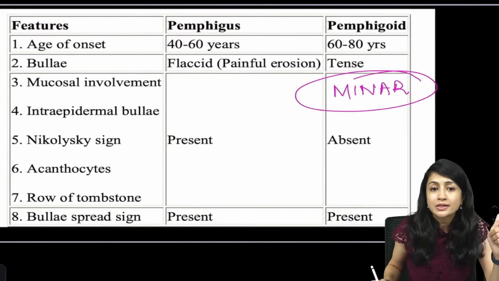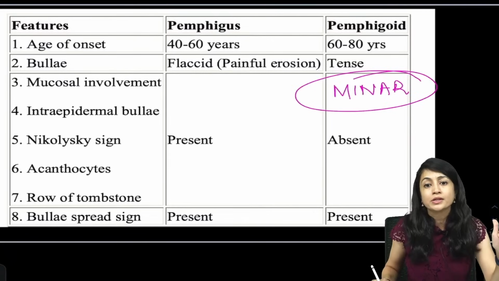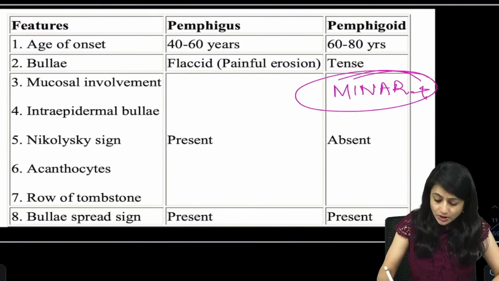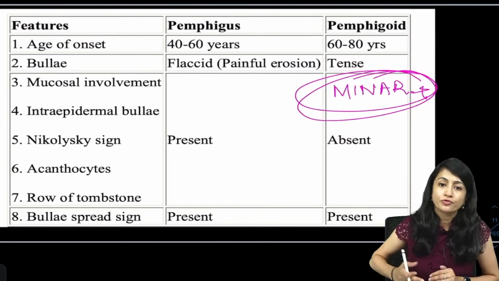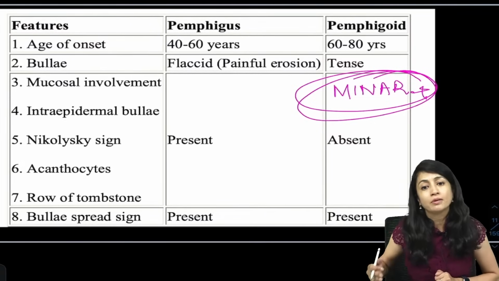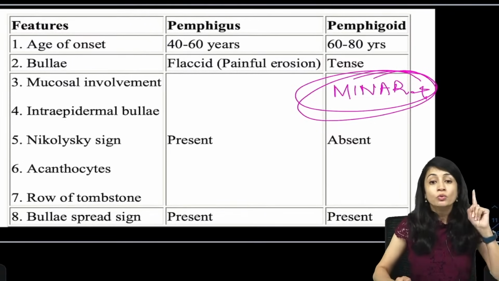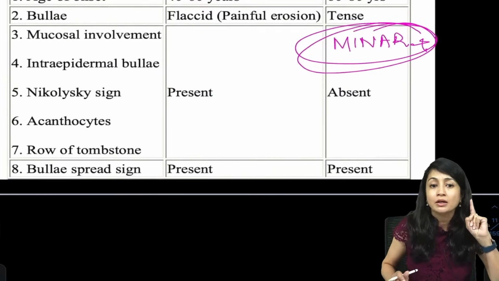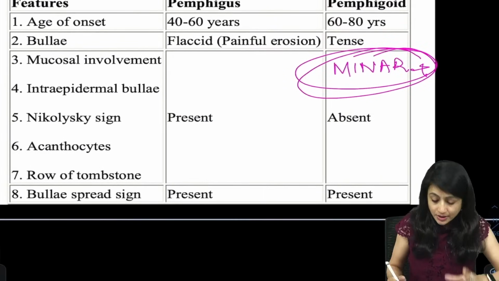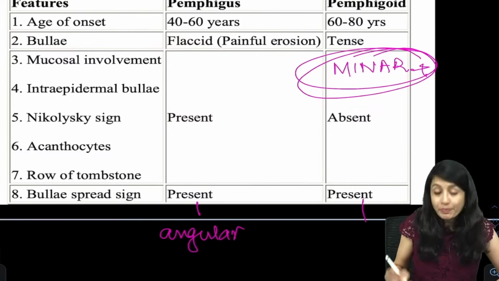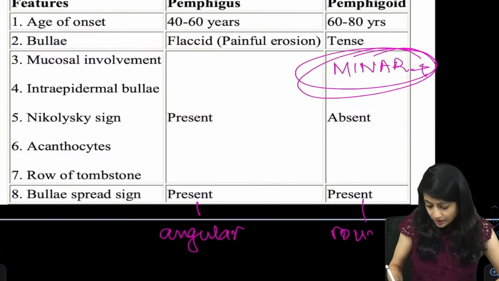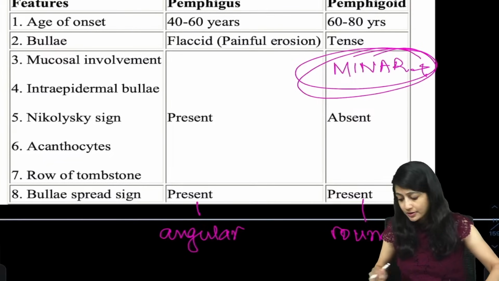MINAR is present in pemphigus and absent in pemphigoid. So these are all the important features which may be there in the question and can help you differentiate between pemphigus and pemphigoid group of disorder. Bulla spread sign may be present in both. In pemphigus, the bulla spread sign is angular, and in pemphigoid it is rounded, right?